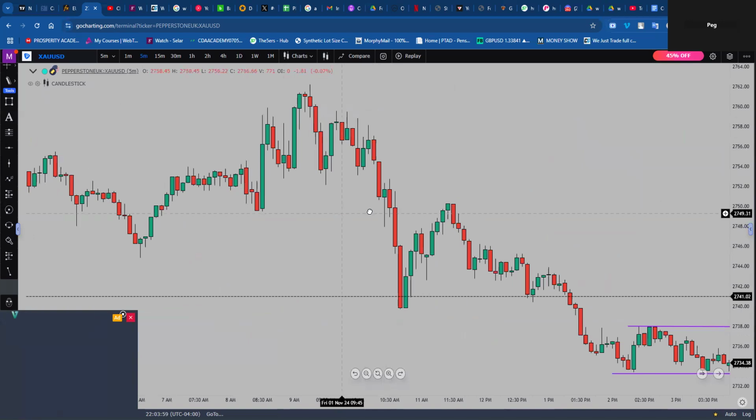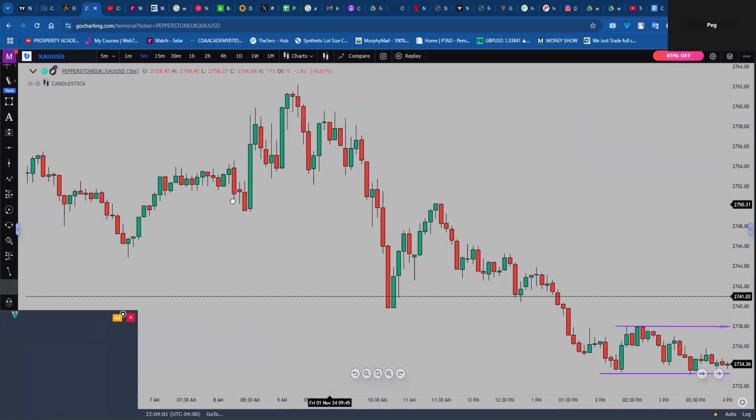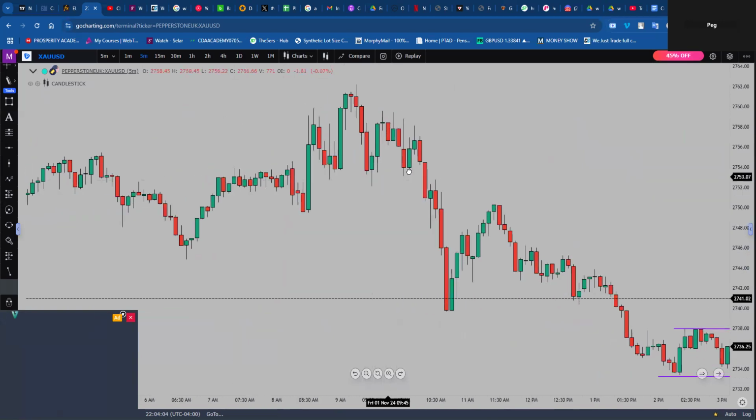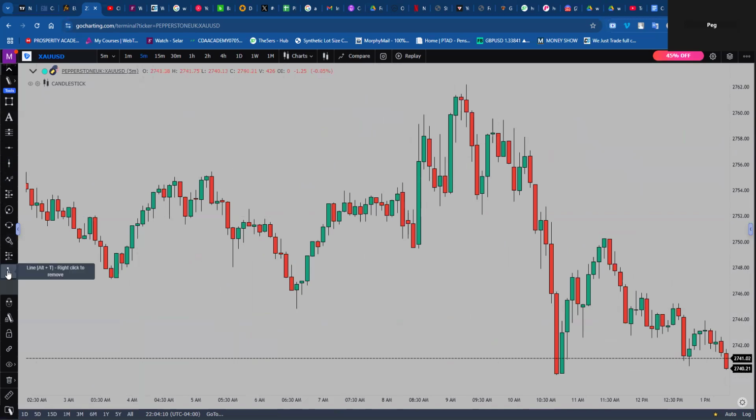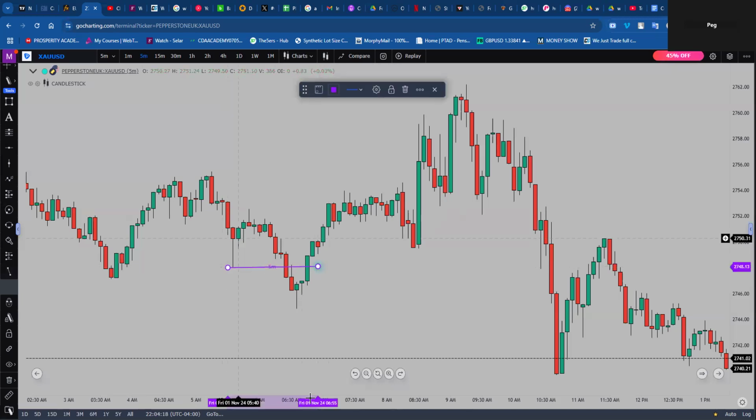We can also see some here. Let me see this one. Okay. You can see this one here. Price swept it to the downside.